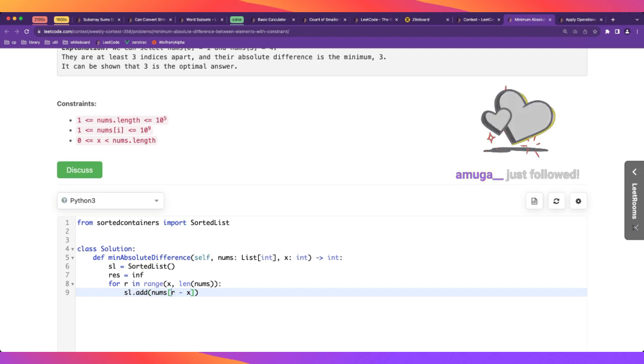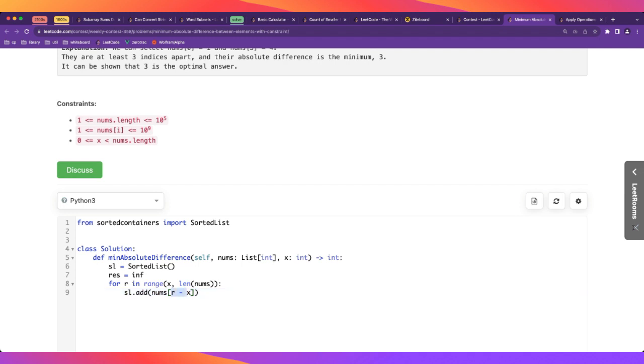So we add this element here. So that means that we're going to keep the invariant that all the numbers that are far enough are inside the set. And so eventually we're going to return res, and we want to minimize. So this is the standard code for minimizing.